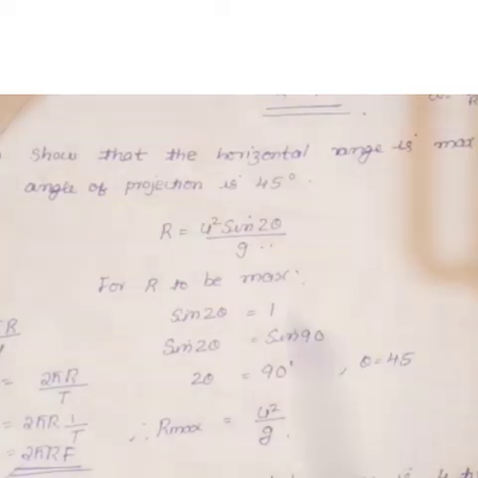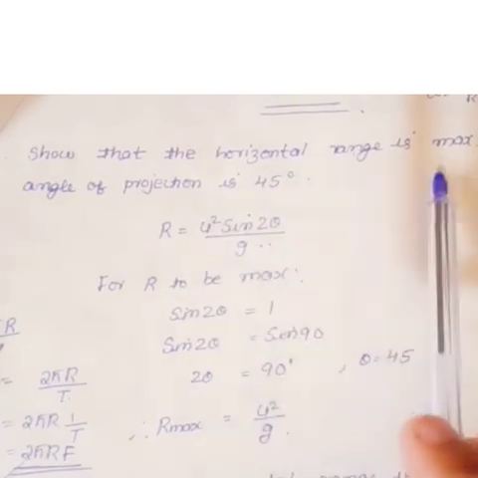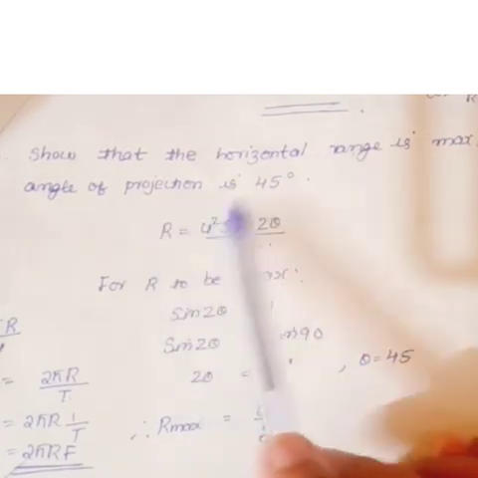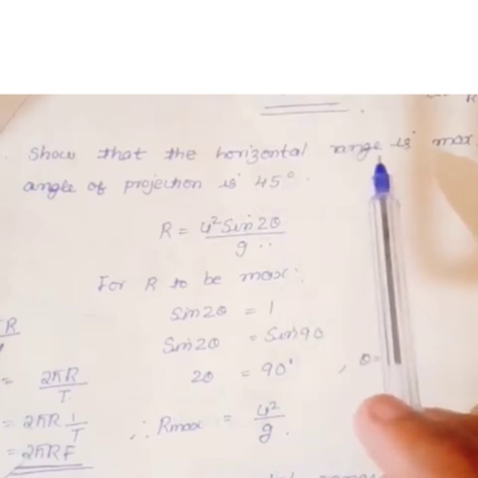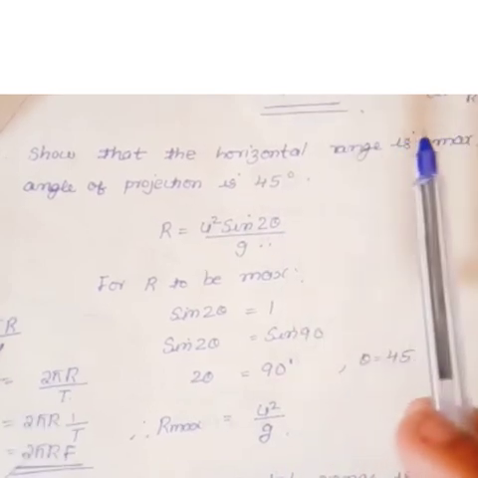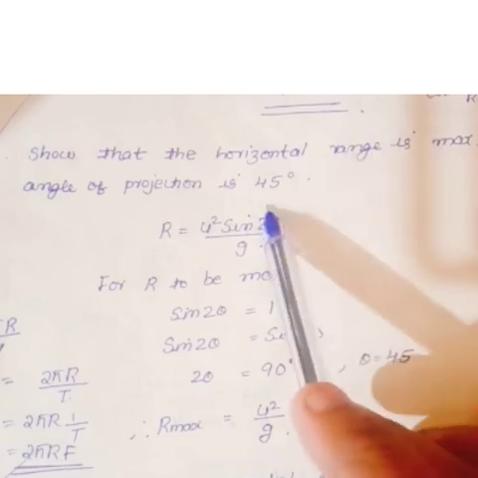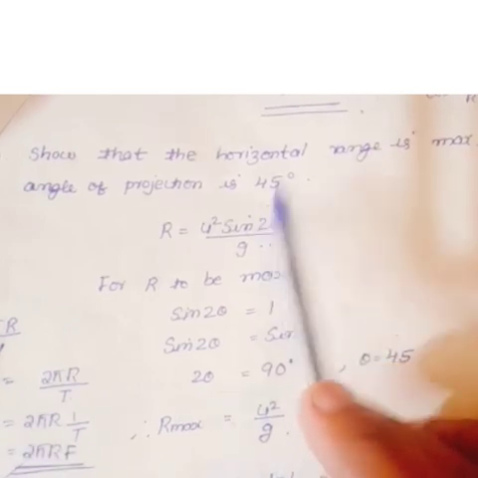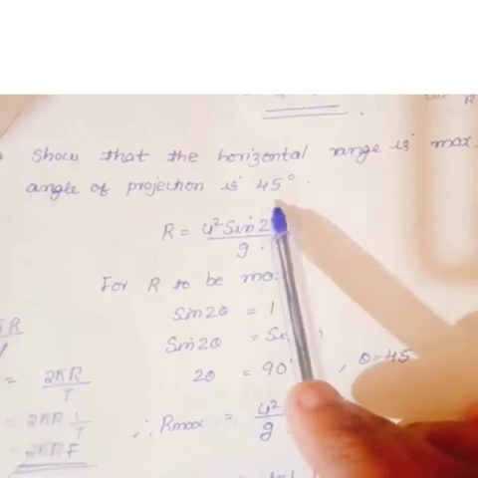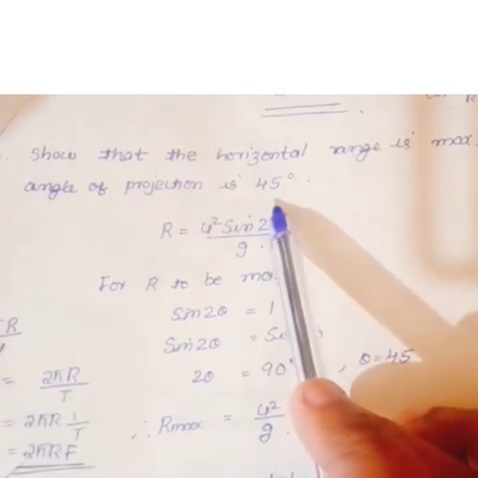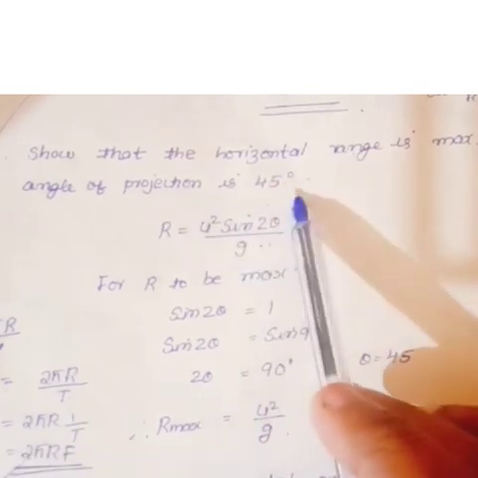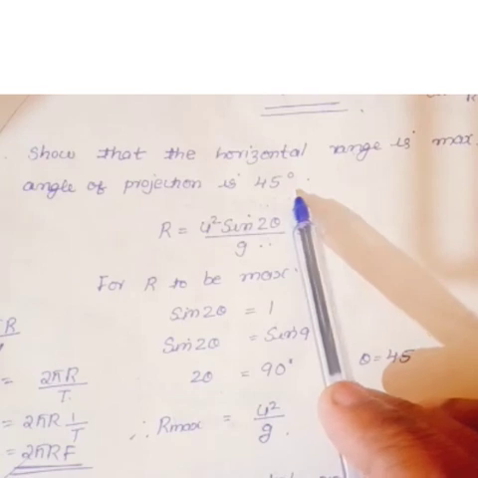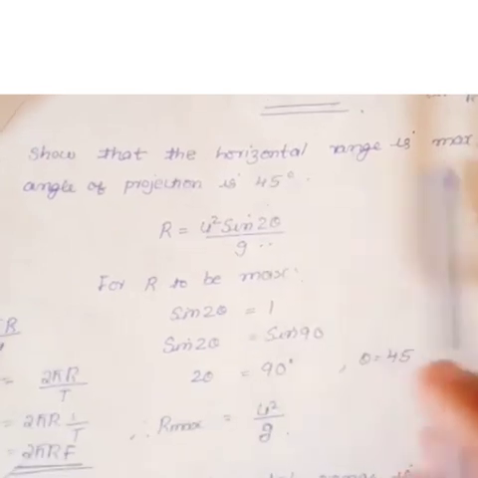Then the next question is, show that the horizontal range is maximum when the angle of projection is 45 degree. Note the point that the projectile travels the maximum range when its angle of projection is 45 degree. So here you have to prove that when the angle of projection is 45 degree, the horizontal range is maximum.